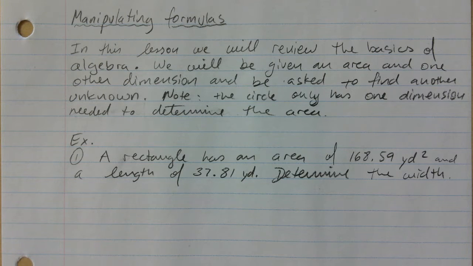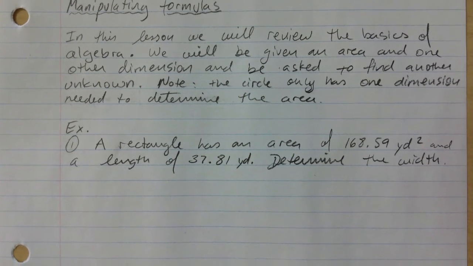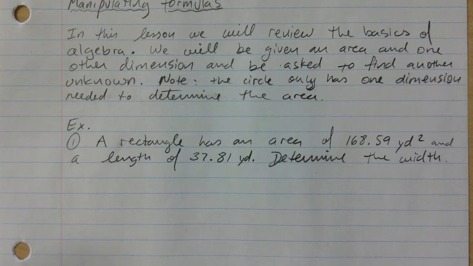So area is always in squared units, and everything else is just in regular linear units, okay? Basically to the power of 1. I know I gave you formulas for all of them, but I will show you how to manipulate, how to actually work with them, okay?